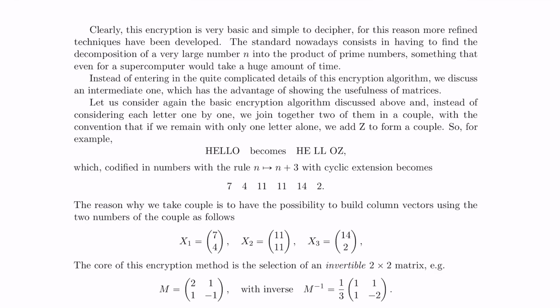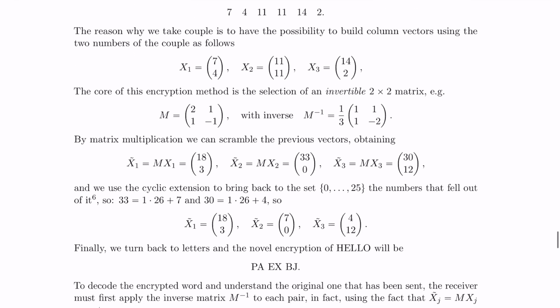For reasons that will become clear very soon, we need to consider an invertible matrix like this one, whose inverse is indicated here. Having at our disposal column vectors and a matrix, what we can naturally do is to operate the matrix multiplication, obtaining new vectors that I have indicated with tilde.